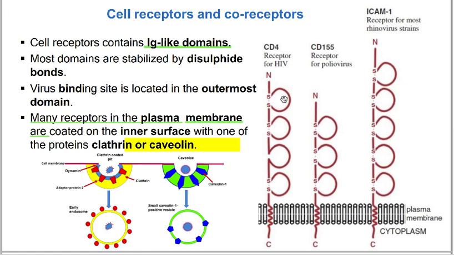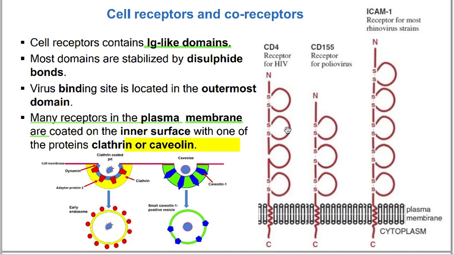Immunoglobulin-like domains are created by these disulfide bonds. So most domains are stabilized by disulfide bonds, and the virus binding site is located in the outermost domain.